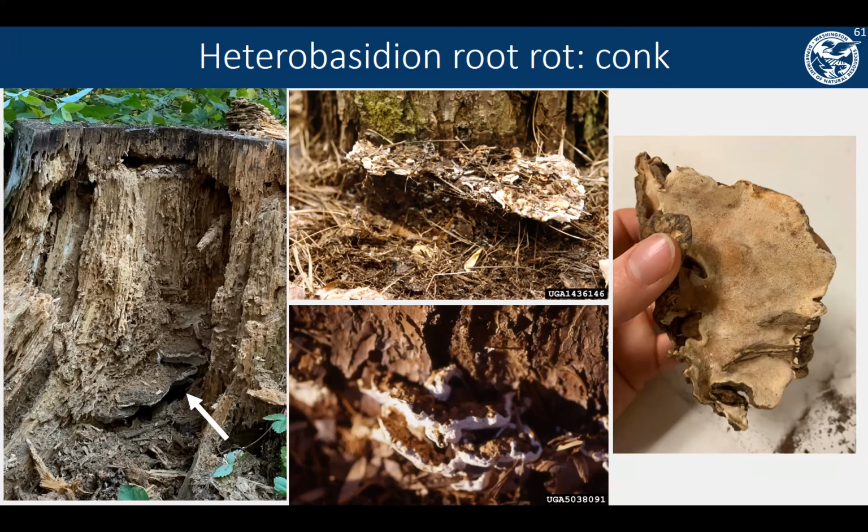And then there's just the conk that I'm holding in my hand, so you get a sense of what the underside looks like. It's an older one, but they can be whiter on the base when they're younger. Now there's lots of other species of fungi that produce conks out there, so don't get concerned the second you see a single conk. A lot of those are just decomposers that only impact dead wood.